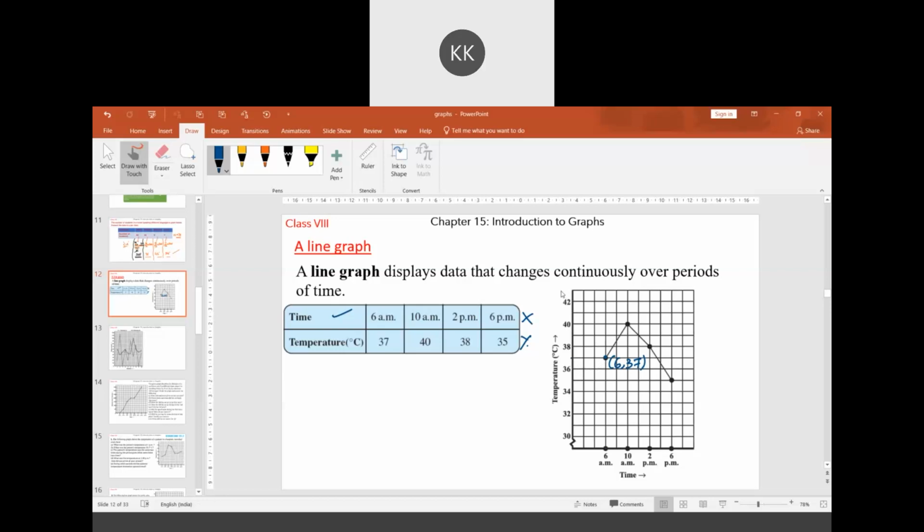What is the scale in this graph? On x-axis, am I audible? Yes, sir. What is the scale?